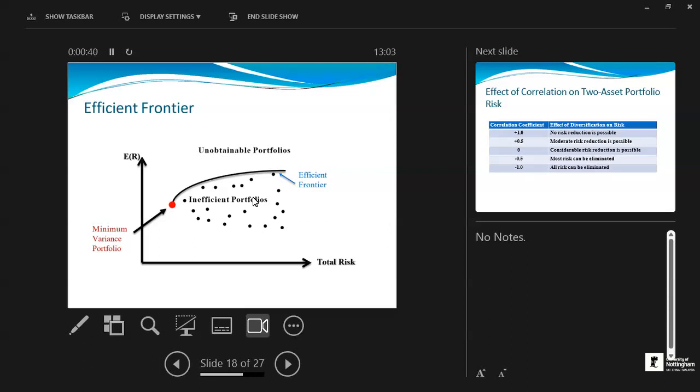As I said, each point represents a portfolio, right? So you can create all these different portfolios, but you cannot go above this efficient frontier. So points above the efficient frontier are unattainable. But below this line, you can create as many portfolios as you want. As I said, each point represents a portfolio here.